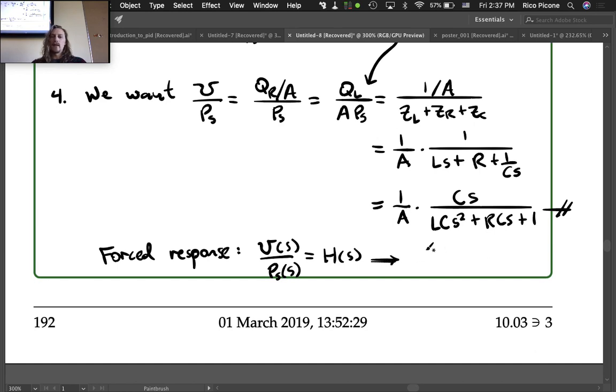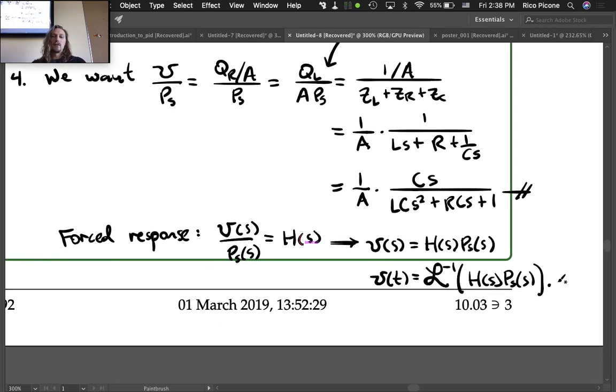That implies that V(s) equals H(s) times P(s). If you wanted to know the forced response, you could take the inverse Laplace transform of both sides, which would give you v(t) on the left-hand side, and the inverse Laplace transform of H(s) times P(s).